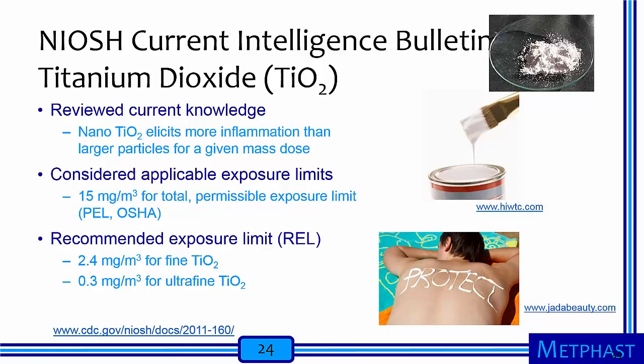They considered this toxicological data in the context of the only applicable occupational exposure limit, which was the OSHA permissible exposure limit for particles not otherwise regulated, or 15 milligrams per meter cubed. They then recommended exposure limits of 2.4 milligrams per meter cubed for fine TiO2 and 0.3 milligrams per meter cubed for ultrafine TiO2.